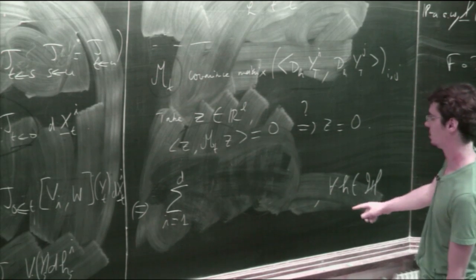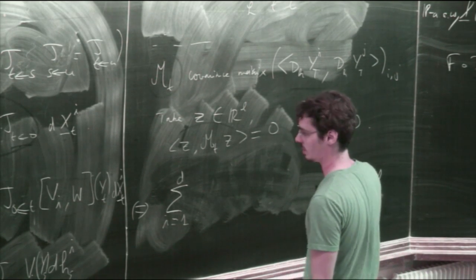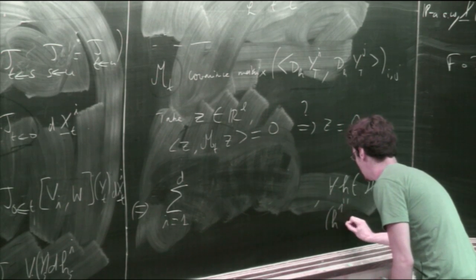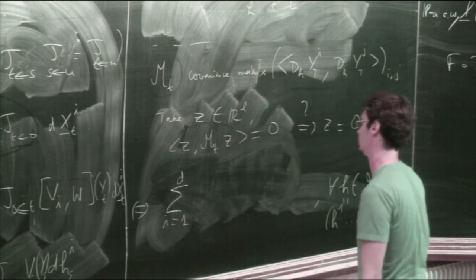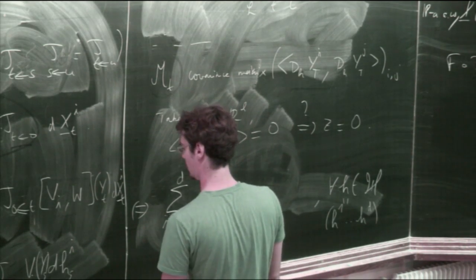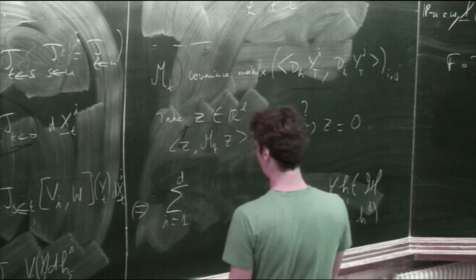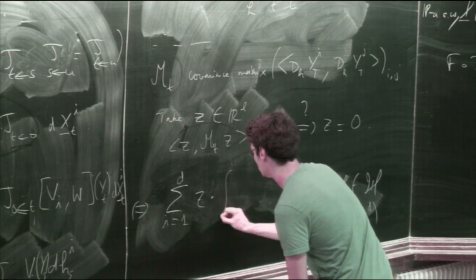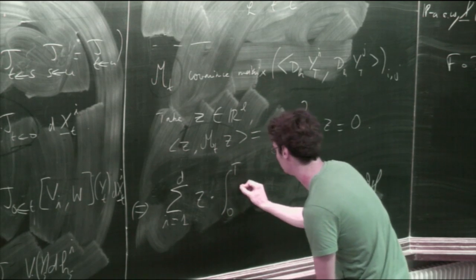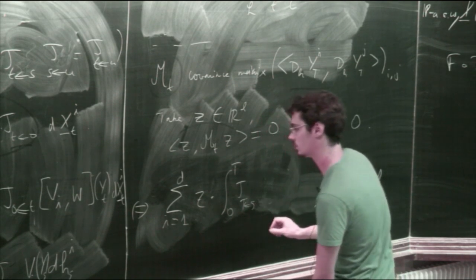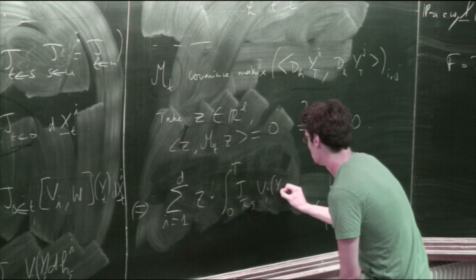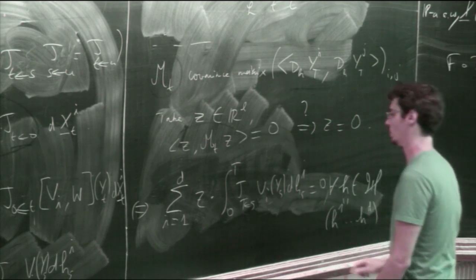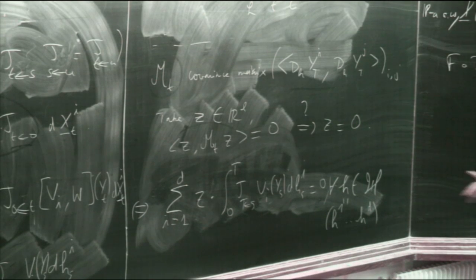Okay, so what you should obtain is that for all elements of the Cameron-Martin space, H1 to HD, you have basically that this integral will vanish: z scalar integral from 0 to t. So if you do the computation correctly, this is what you should obtain.